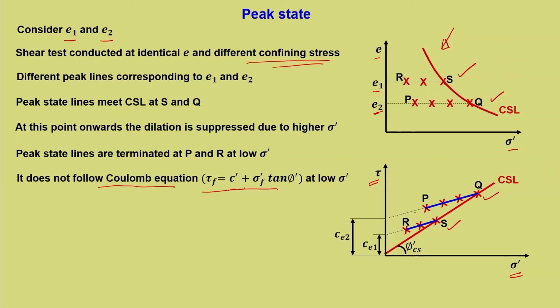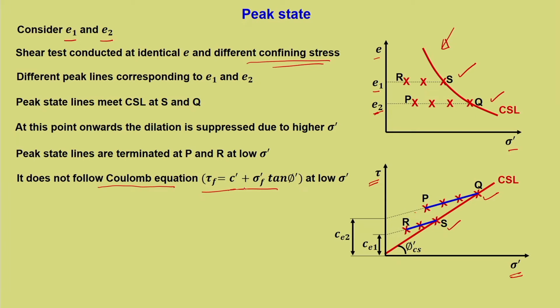In fact, the authenticity of the stress points towards the lower end is restricted because of certain factors. One important factor is the tension cutoff zone, and the other one is what we are going to discuss now.